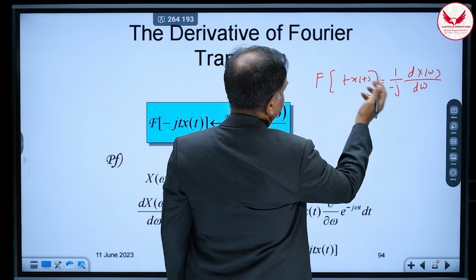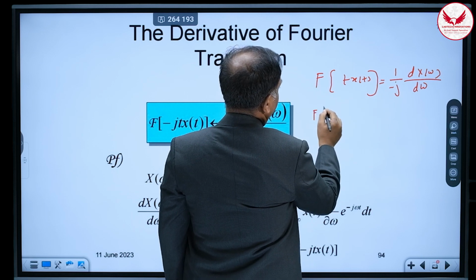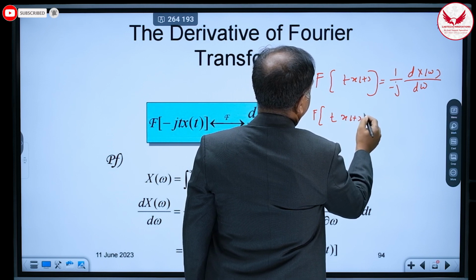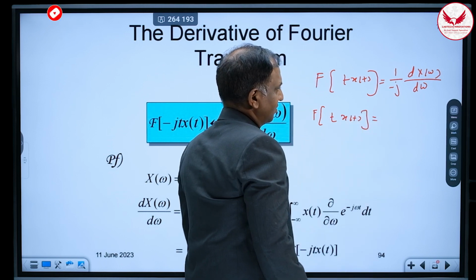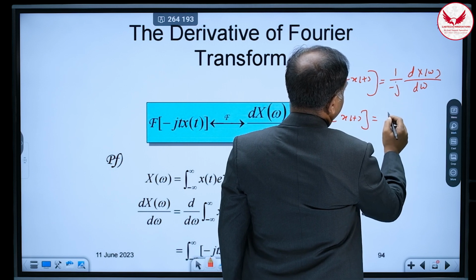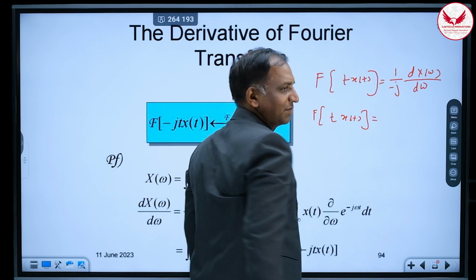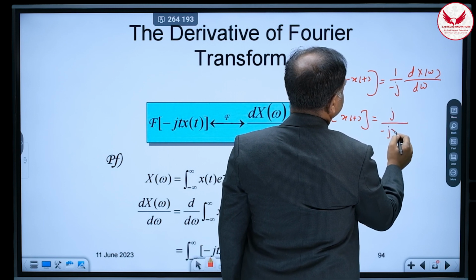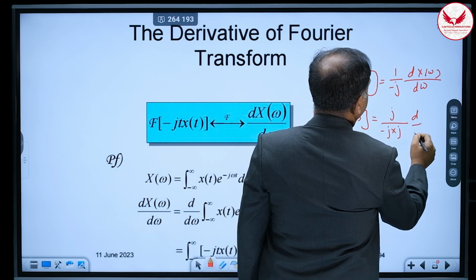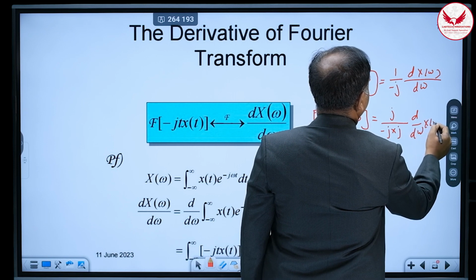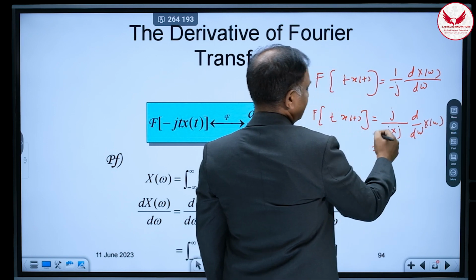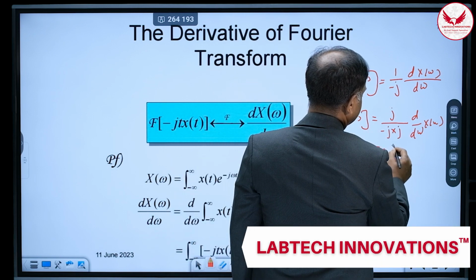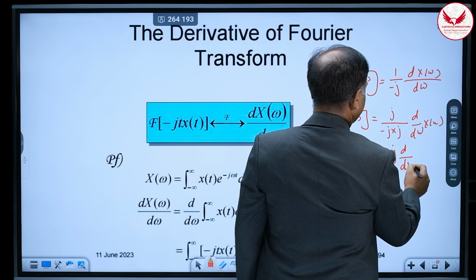So the Fourier transform of t into x of t is equal to 1 upon minus j. If I multiply and divide by j, it will be j divided by minus j into j, the same, into d by d omega of x of omega. The j square will become minus, so it becomes plus, that is j into d by d omega of x of omega.